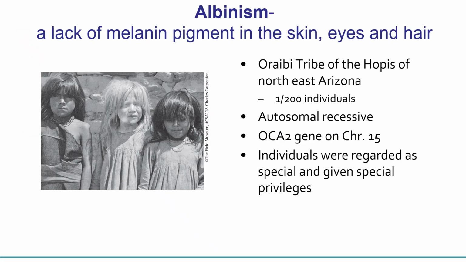All right, so we're going to start off with albinism as an example of some of the things that we're going to cover in this course. So albinism is a lack of melanin in pigment. Melanin is a pigment in the skin, eyes, and hair.